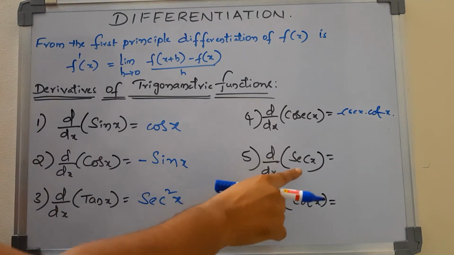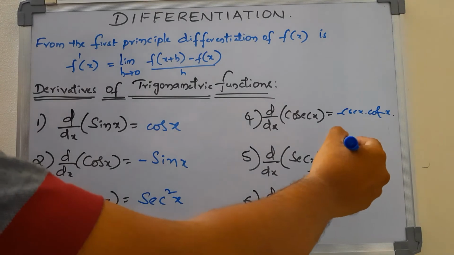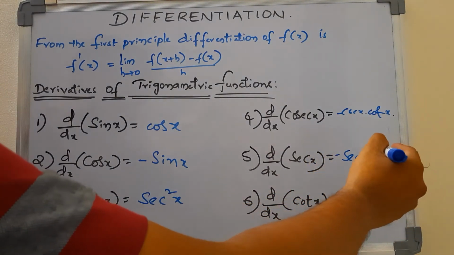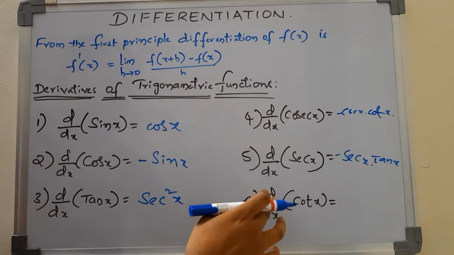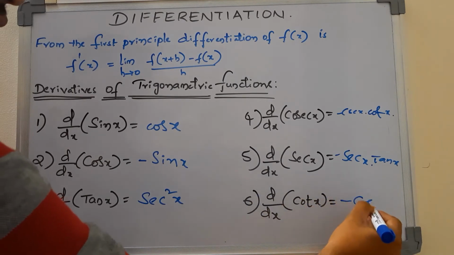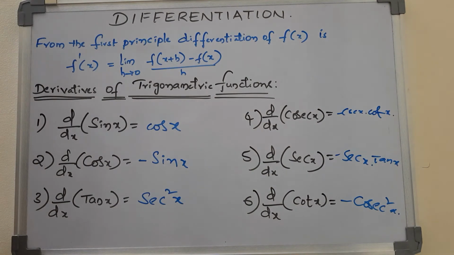Next, the derivative of sec x can be written as sec x into tan x. Next, d by dx of cot x can be written as minus cosec square x. Okay, these are the 6 trigonometric functions derivatives.